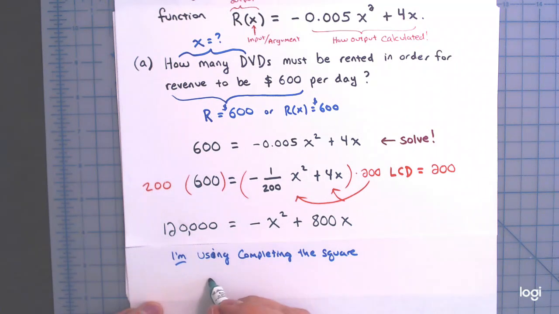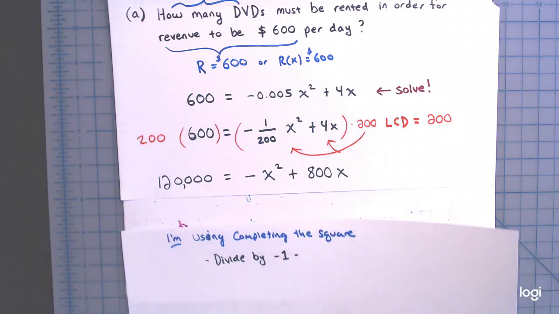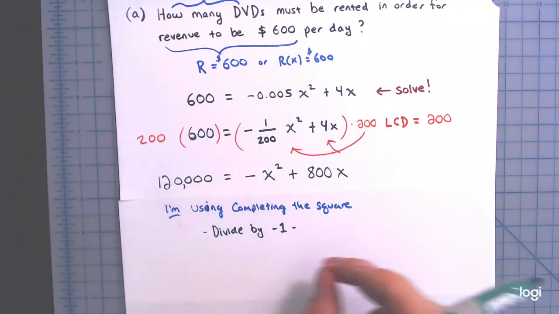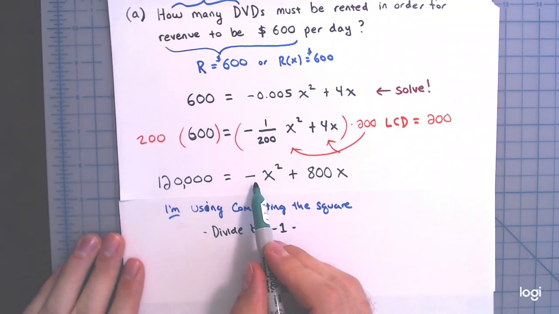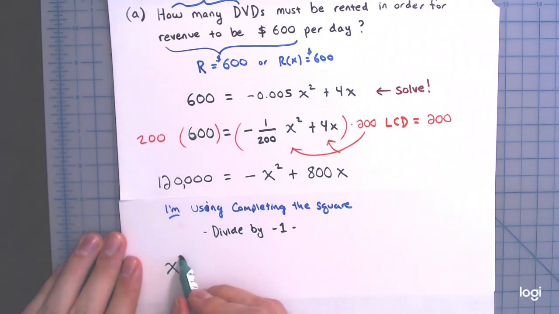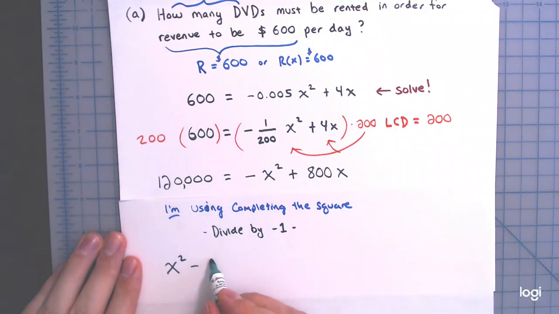So the first thing I'm going to do is divide by negative 1 on both sides. That'll give me on the left side, and actually I'm going to switch the sides as well to have my variables on the left and non-variables on the right. So when I divide this side by negative 1, you'd have positive x squared. And again, I'm just moving it to the other side. And then when I divide this by negative 1, it'd be minus 800x.